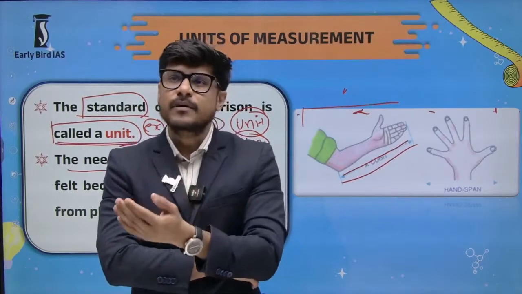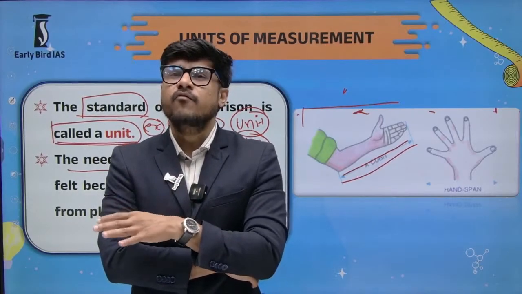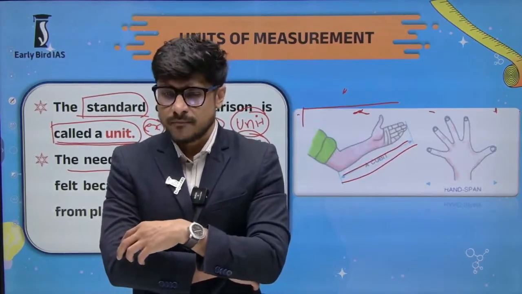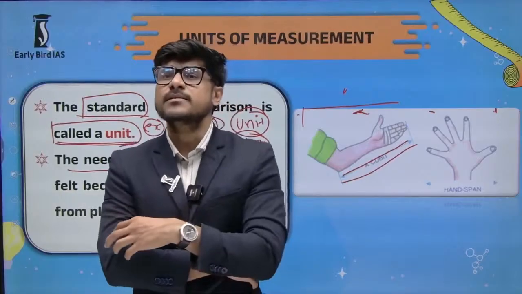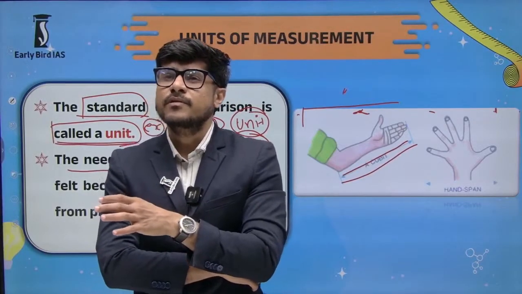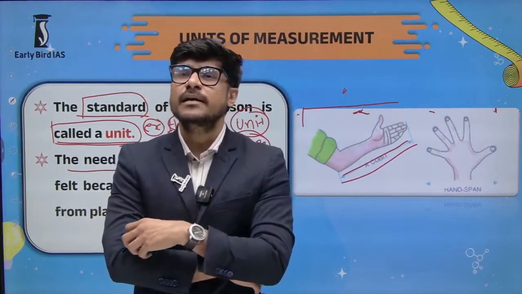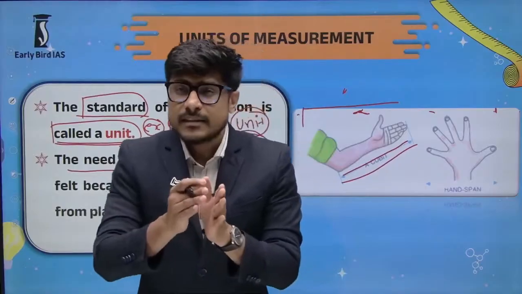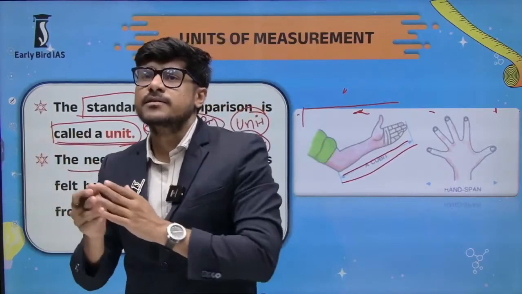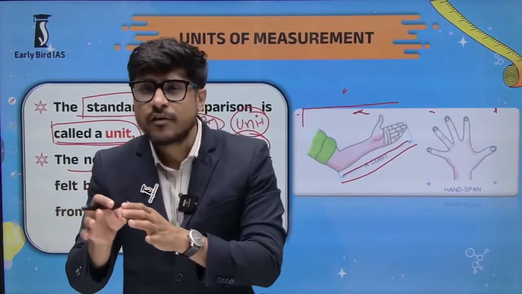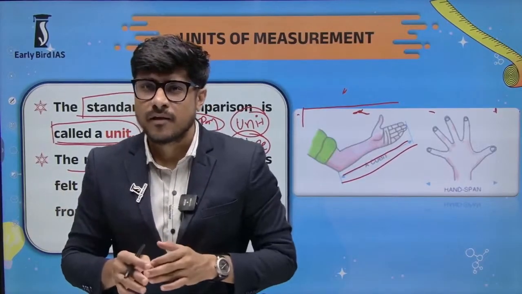In some other places, feet were used as a unit of distance. In other places, kilometers were used as a unit of distance. So there are various kinds of units which exist for the calculation of a distance.